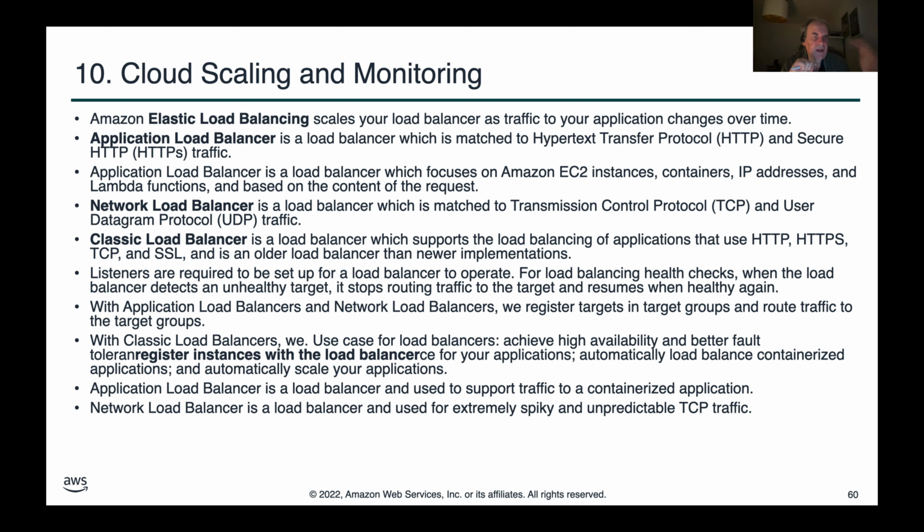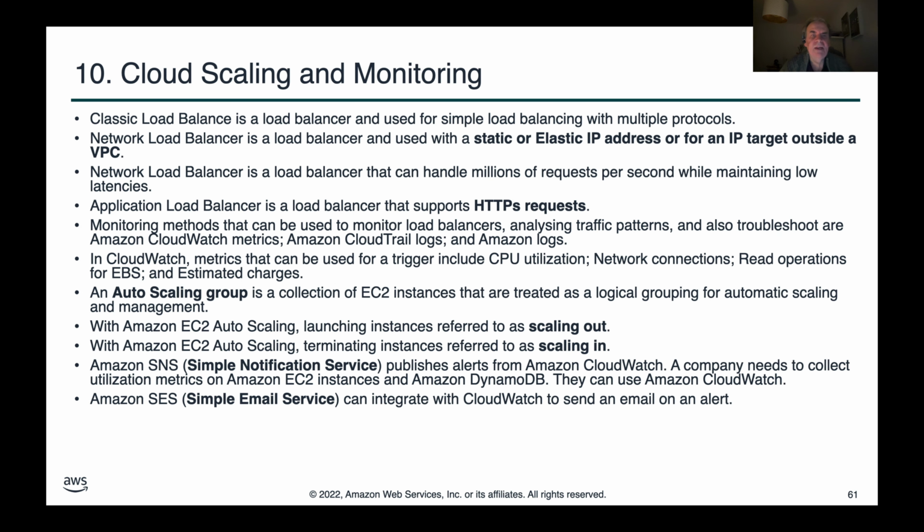We would normally go with an application or a network load balancer overall. Listeners are required to make our load balancing work efficiently from there. Okay, so our network load balancer will typically work with an elastic IP address that we apply, or for an IP address outside our VPC.